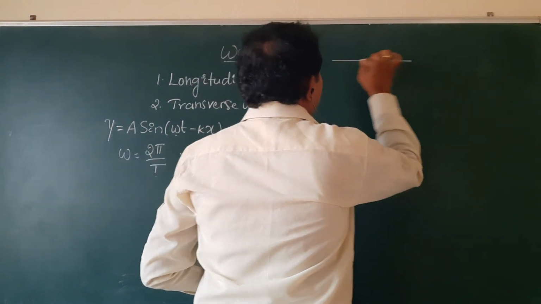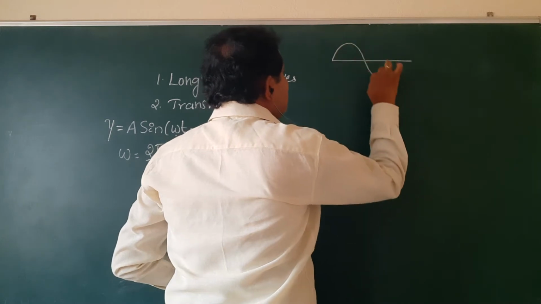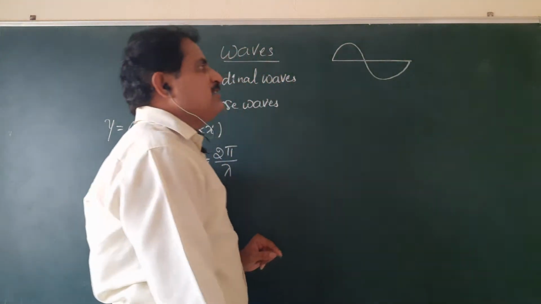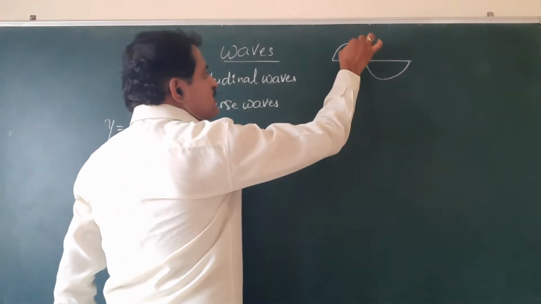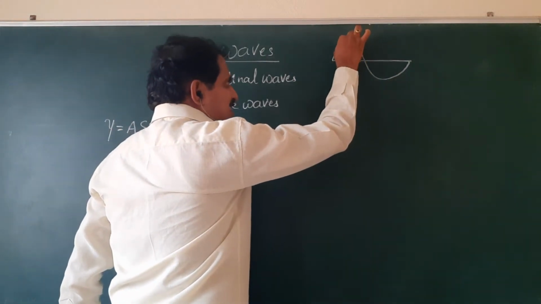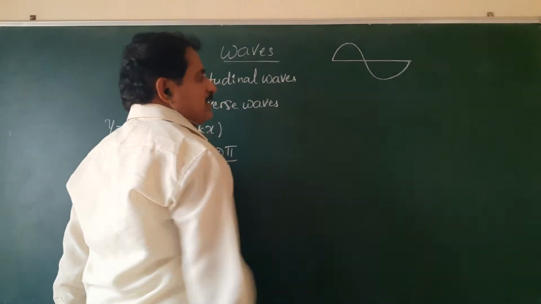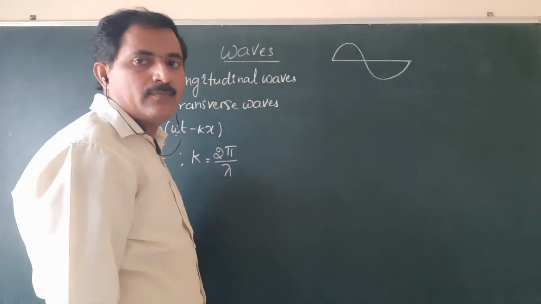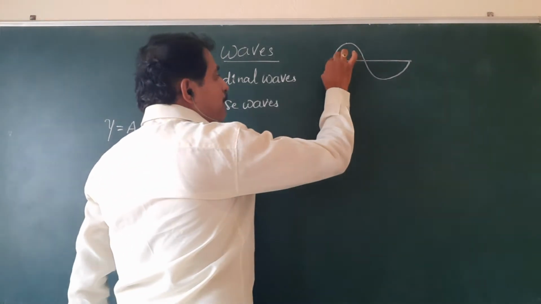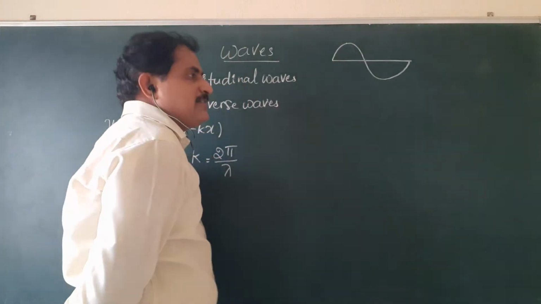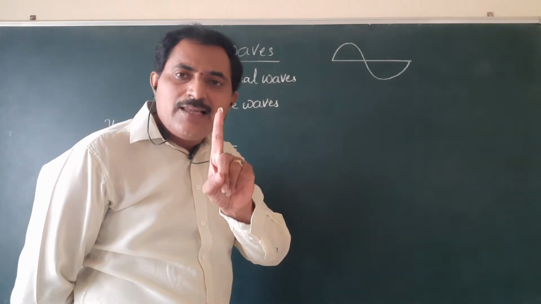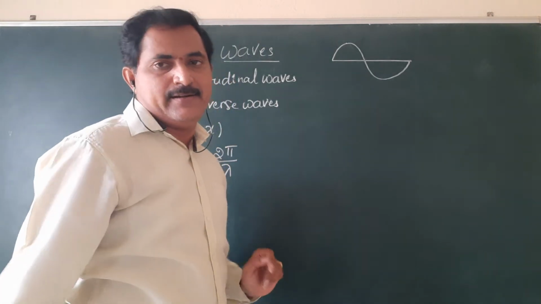See, here let us imagine that it is a transverse wave, and in the transverse wave it is called crest, it is called trough. If the wave completes one crest and one trough, then we can say that one oscillation is completed.